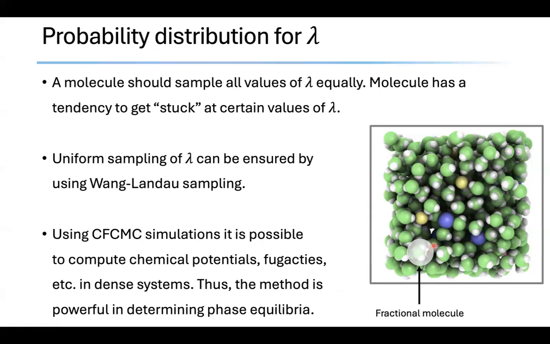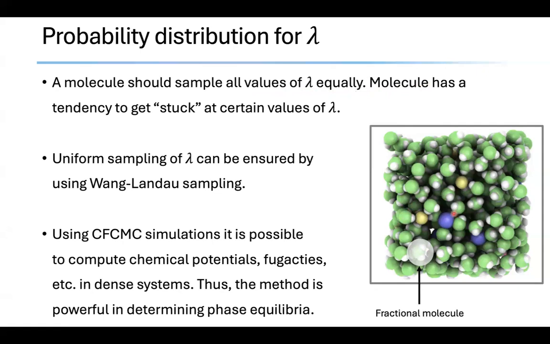Now, lambda has a probability distribution. To ensure that sufficient statistics, or sufficient advantage, is obtained from this CFCMC method, it is important that all values of lambda are equally sampled. It can happen that a molecule gets stuck at a particular value of lambda because of its interactions with its surroundings.